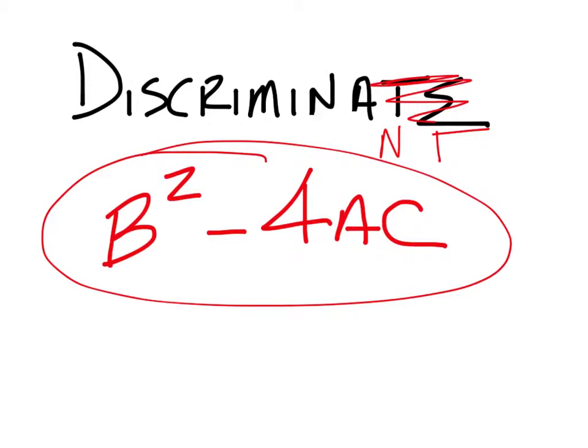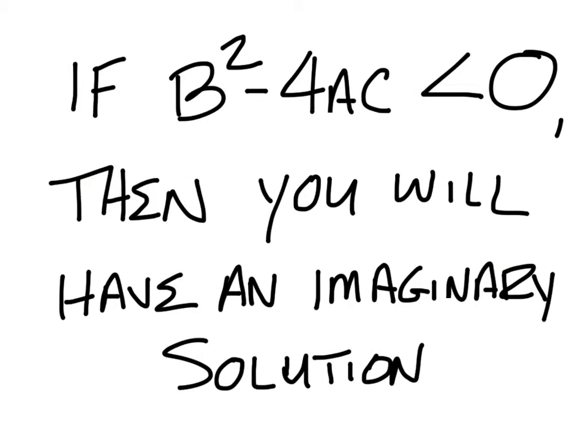If it's 0 or higher, you have a real answer. If it's less than 0, then you end up with a complex number with an i in it. So if b squared minus 4ac is less than 0, then you will have an imaginary solution.